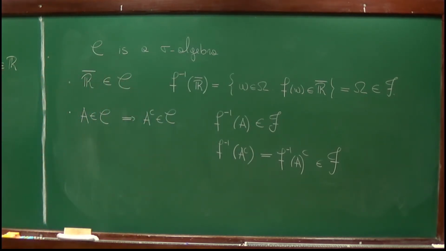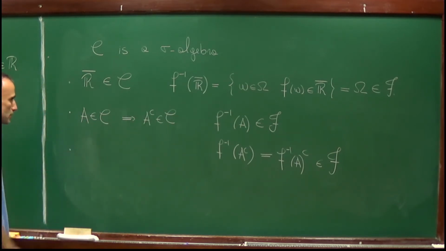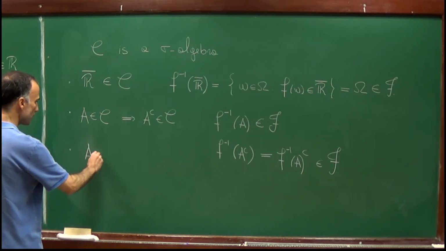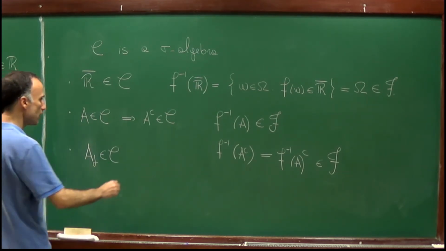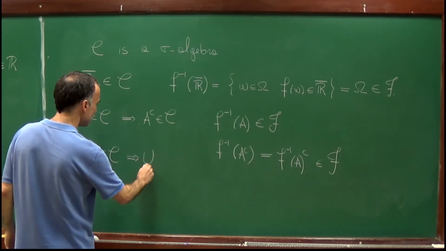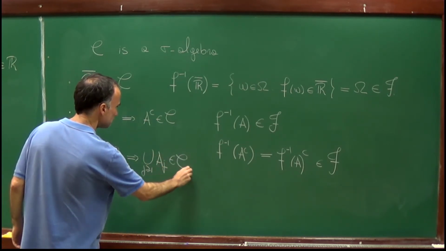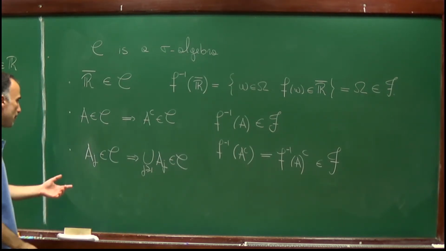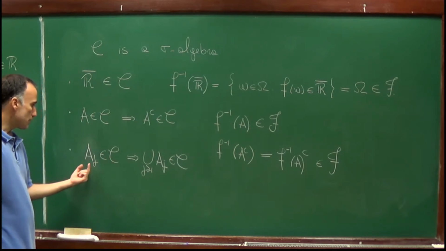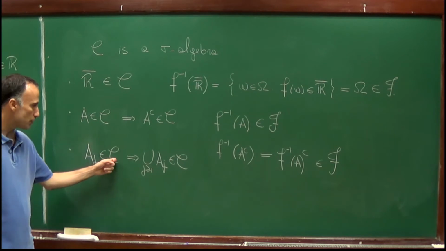So we have just seen that C is closed under complement. Now let's prove that C is closed under countable unions. Take A_j, a countable family in C, and we want to show that the union of A_j belongs to C. Well, this is also easy. A_j belonging to C means, among other things, that A_j belongs to the extended Borel sigma algebra.